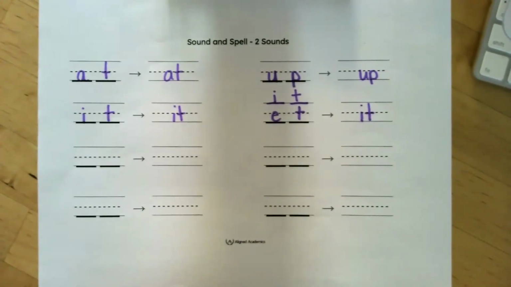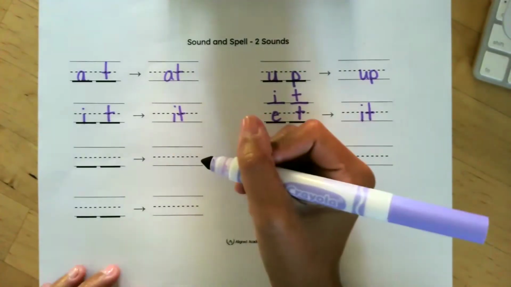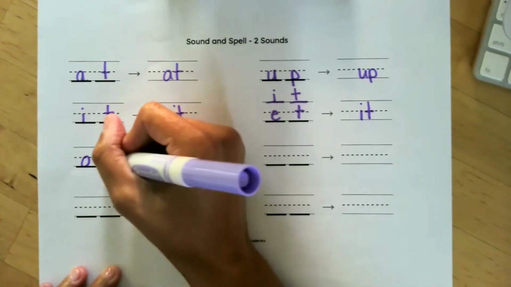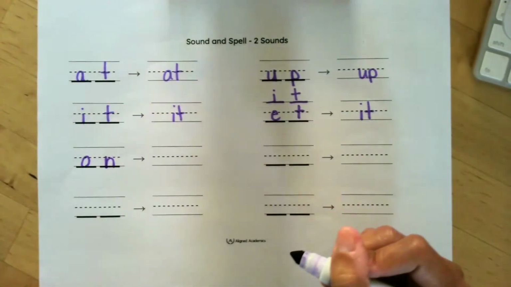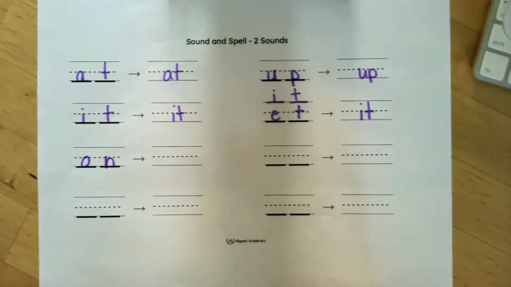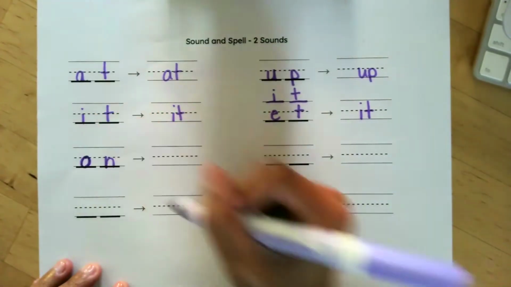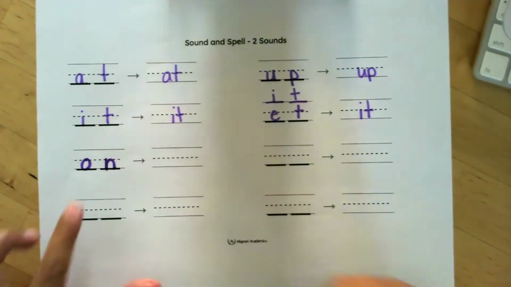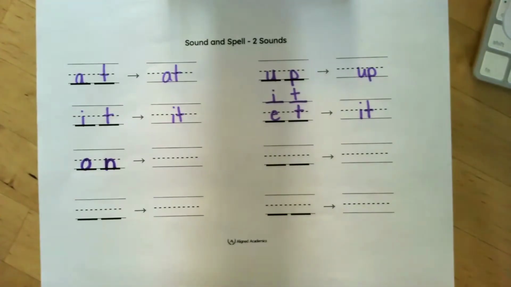So if you give them the word on, and they say on, and then they go, oh, and then spell it silently without saying anything, then that's really not what you're looking for. You really want them to say /o/ while they're drawing the O. Then you want them to say /n/ while they're drawing the letter N.